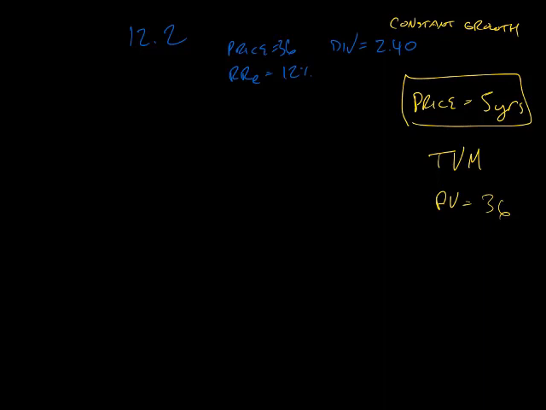Do we know the future value? No, that we don't know. We're going to have to find future value. Do we know the number of periods? Oh, we sure do. That's 5. And do we know the I, the interest rate? No, we don't. We need to find that expected growth rate.